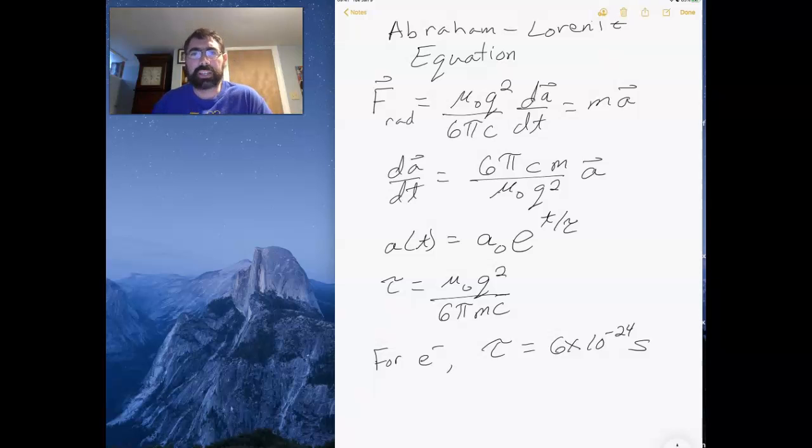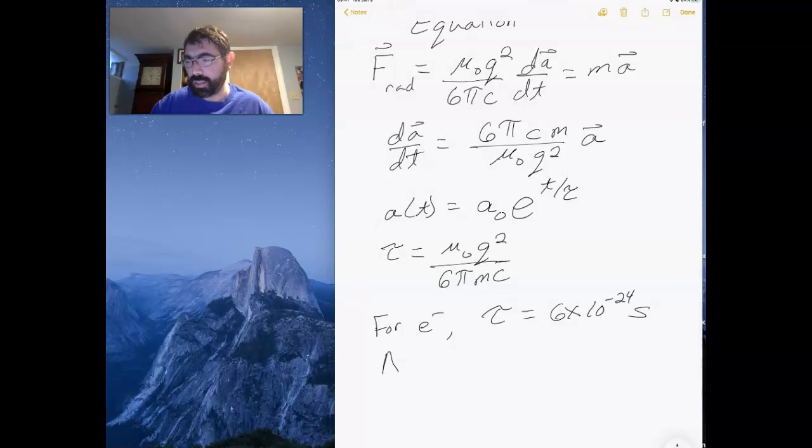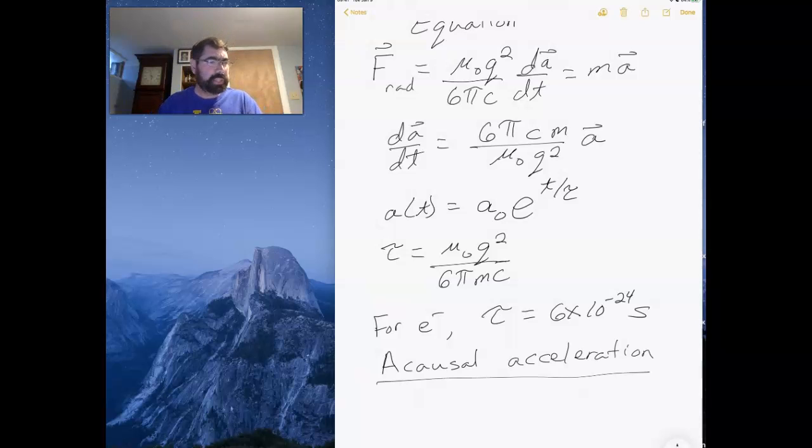So it's weird that the acceleration then increases over time. And not only that, but it increases over time on an almost minuscule time scale of 10 to the minus 24 seconds. So you have what's called acausal acceleration, which means that the particle starts to move instantaneously before the force is applied.